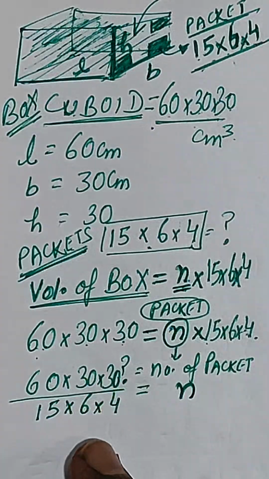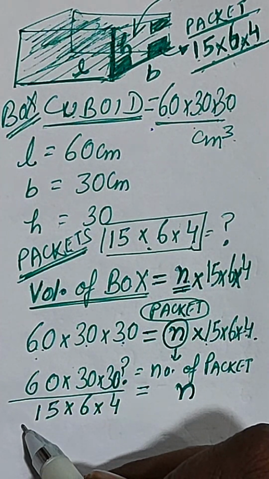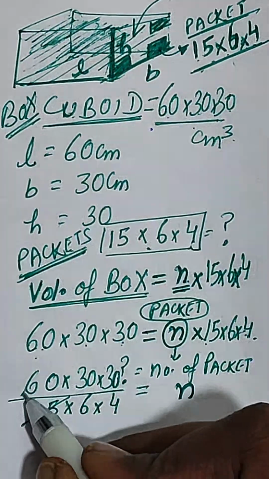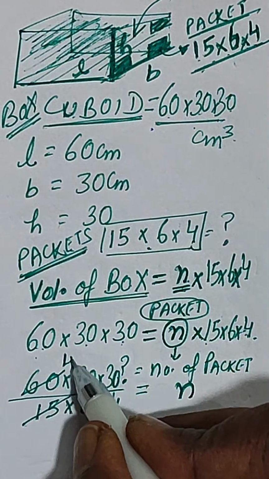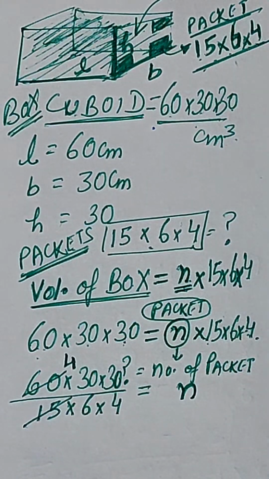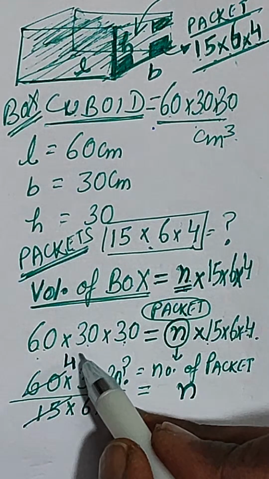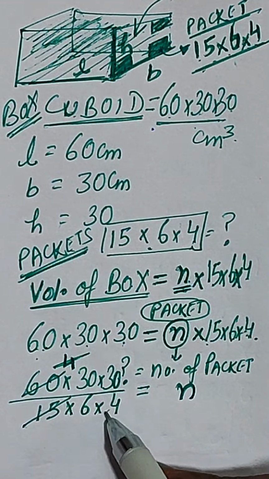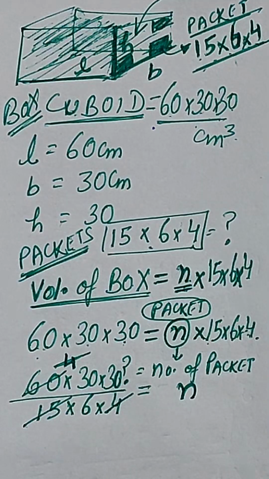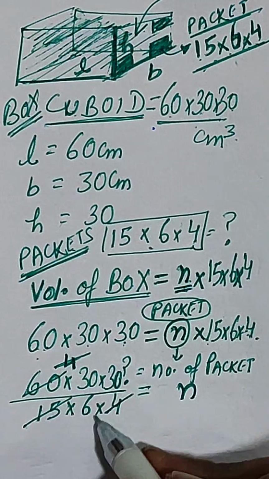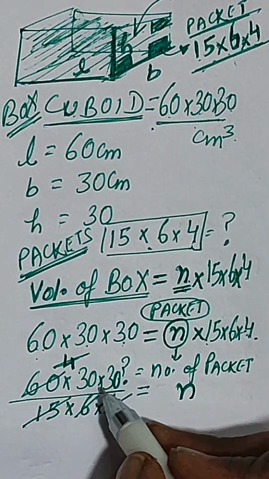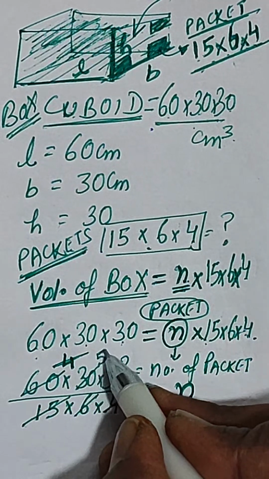But you can solve it. 15 will divide 60 four times, 15 fours are 60, and this 4 will be cancelled by the 4 of this denominator. 6 will divide this 30 five times.